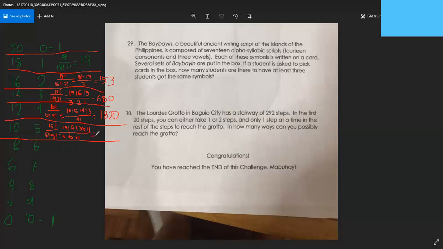And if you multiply this, we will get 3,003.